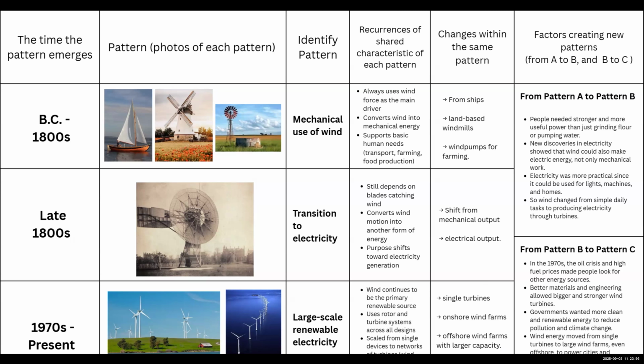My name is Chitari Pomin, and today I'm presenting about wind energy. So in BC to the 18th century, I will call it mechanical use of wind, because it started from using wind as the main driver of boats and to support human needs.